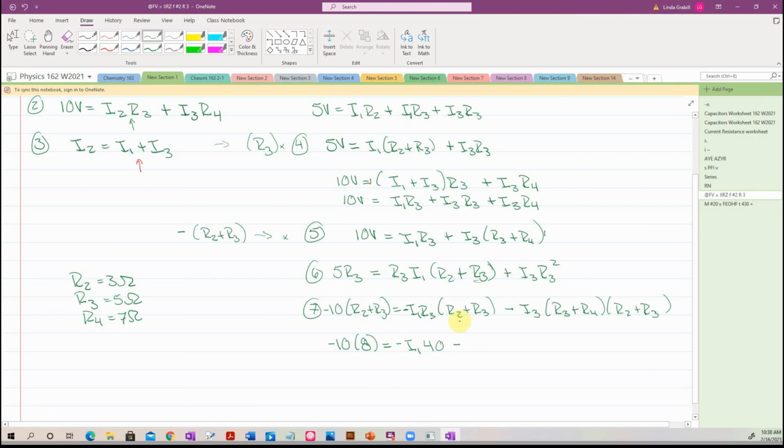Minus, so this was 8, just in case everybody's wondering where that's coming from. This is 8, and then R3 is 5. So 5 times 8 is 40. Minus I3, R3 plus R4, 7 plus 5 is 12. R2 plus R3 is 8. 88, 96.